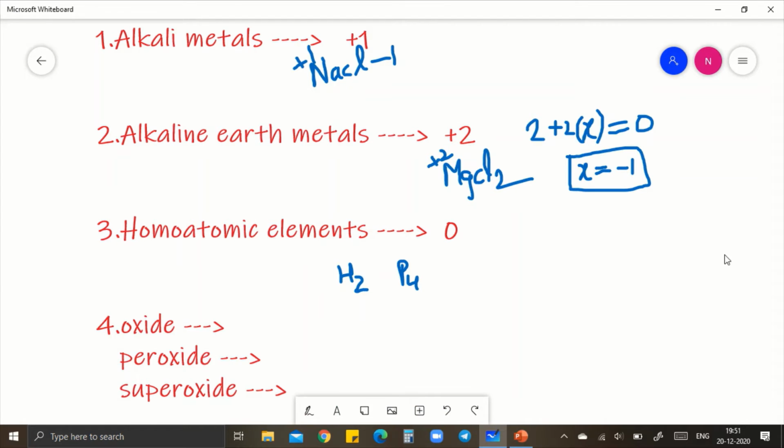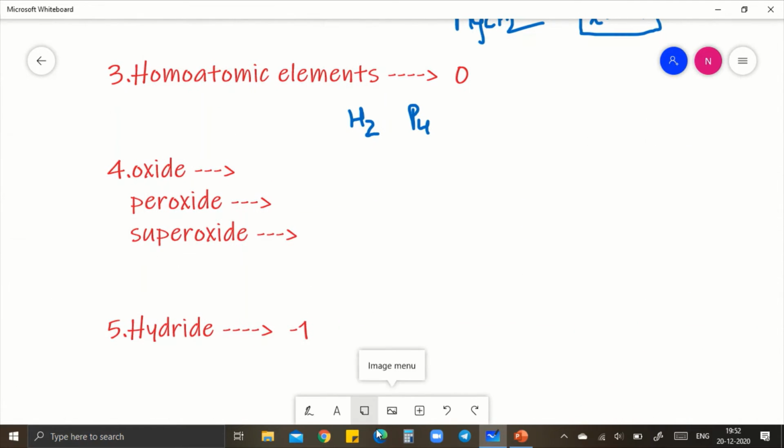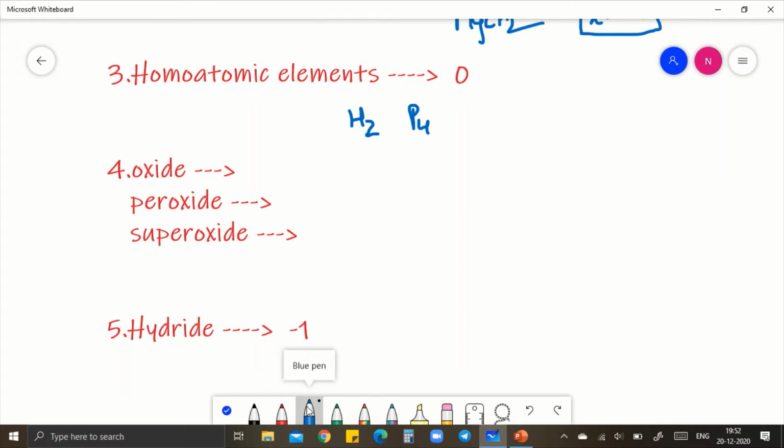Coming to oxygen, I have said earlier that some elements form different oxidation states in different compounds. For oxide, the oxidation state of oxygen is -2. That's general. For peroxide, it's -1. For superoxide, it's -1/2.